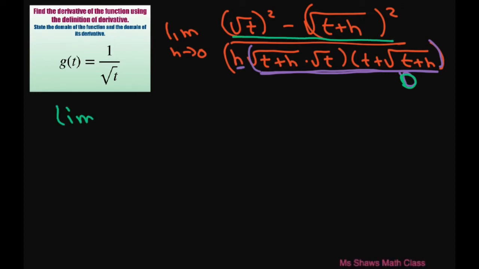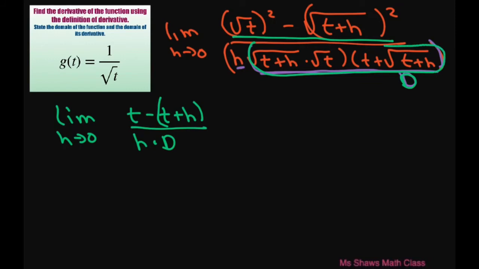So we have the limit as h approaches 0, and this is going to be t minus t plus h. And then this is going to be h times your denominator. Again, this whole thing here is what I'm calling d. I'll put it back in just a minute. Well, this is going to equal the limit as h approaches 0 of negative h divided by h times your denominator.